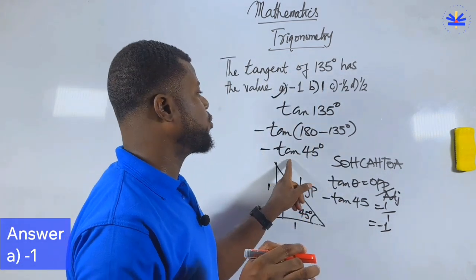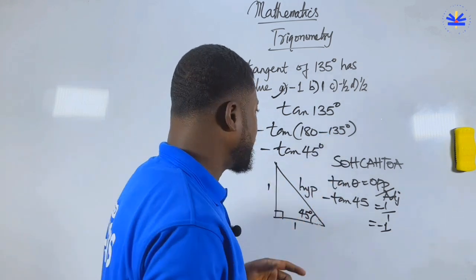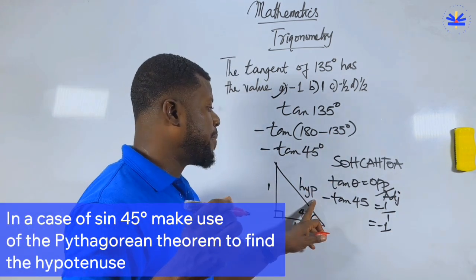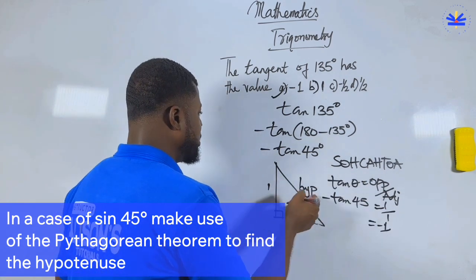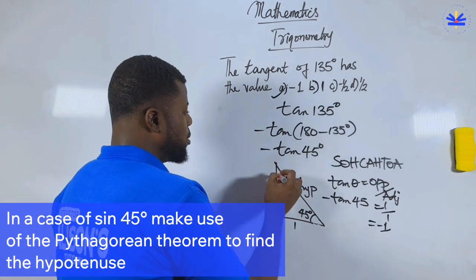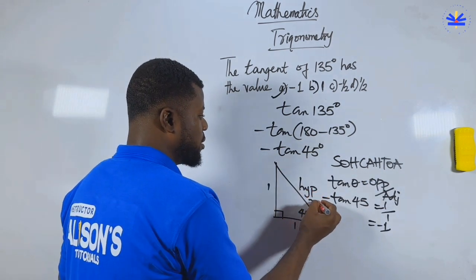But say maybe you have cos 45 or sine 45. You need to use the Pythagoras theorem to find what this particular side is. Let's say this hypotenuse is our x.